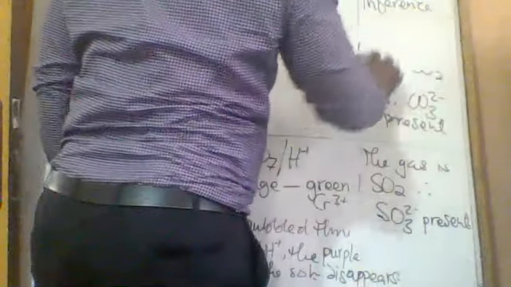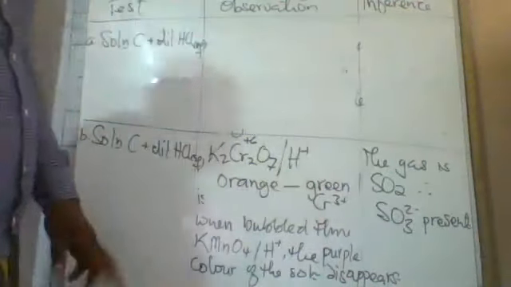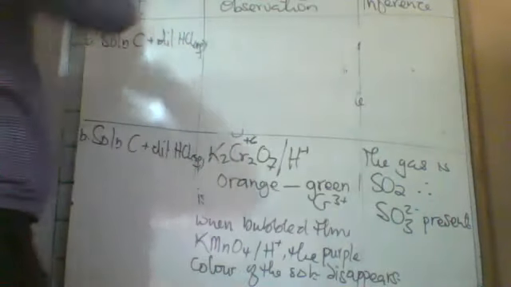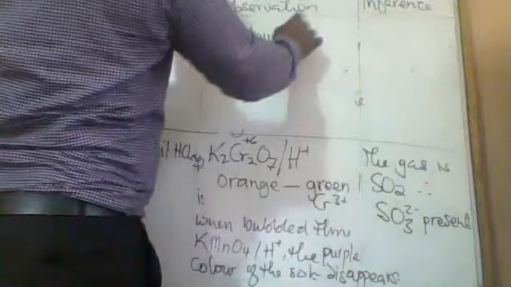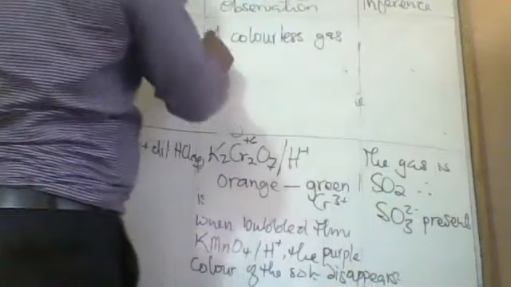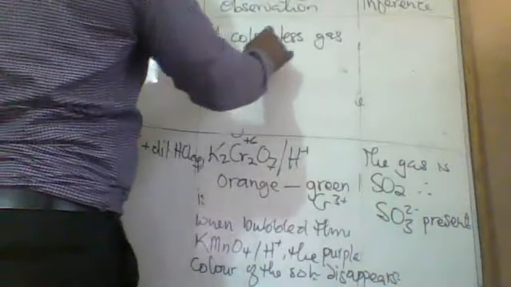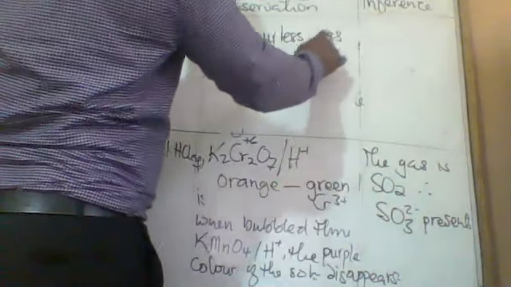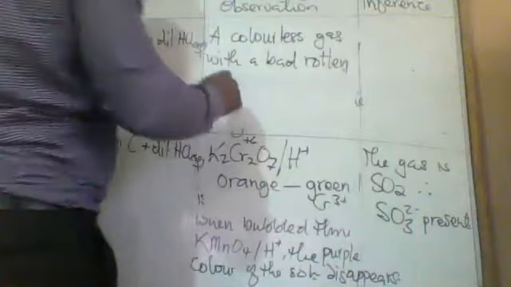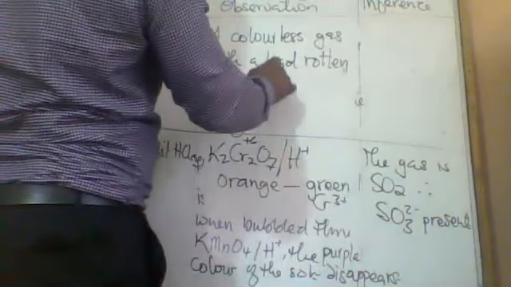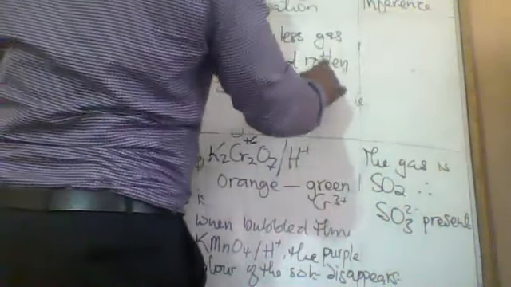Now, if you have a test solution that contains S2 minus, and you add dilute HCl to it, a colorless gas with a bad, rotten egg smell is evolved.